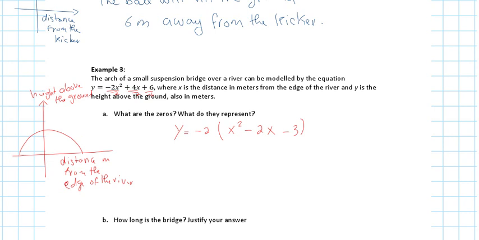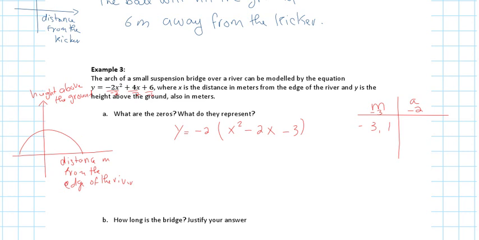Sum and product. I'm looking for two numbers that multiply to negative 3 and add to negative 2. That means the larger number is negative and the smaller is positive. What multiplies to negative 3? Negative 3 and 1. Does it add to negative 2?